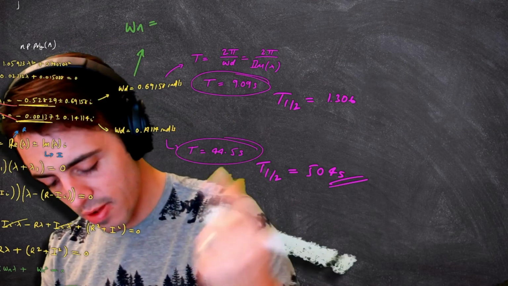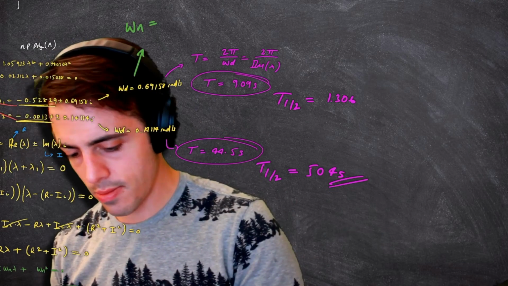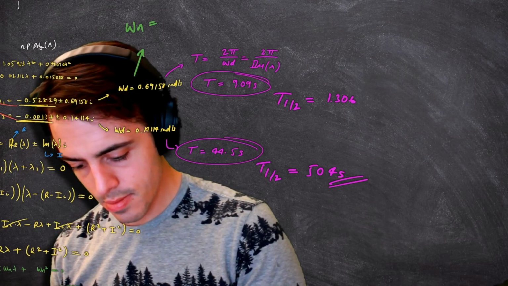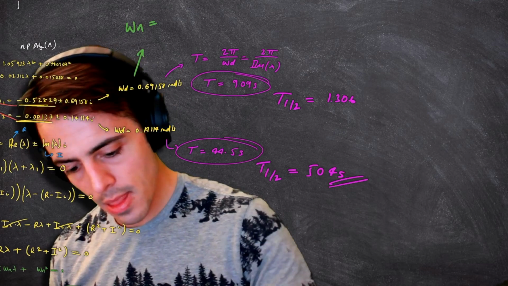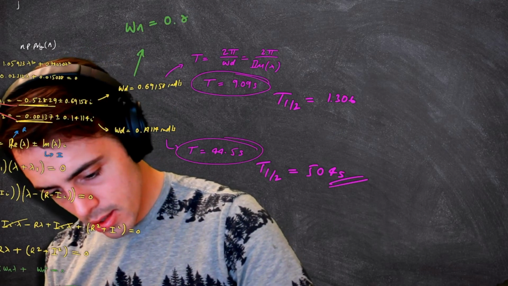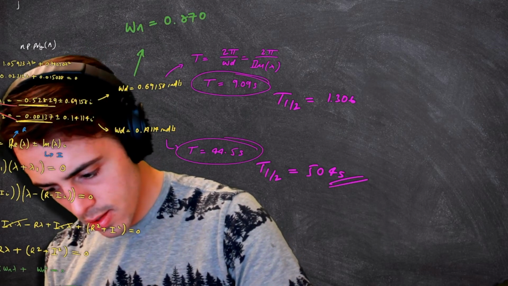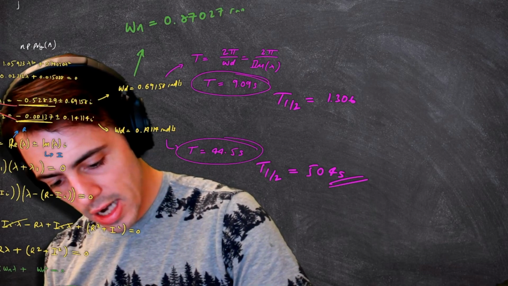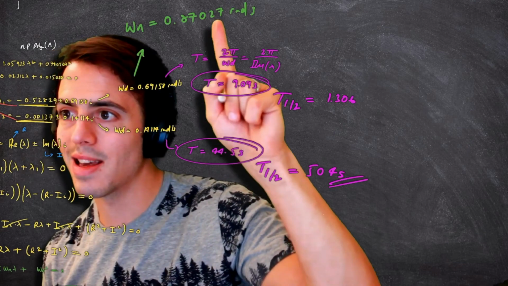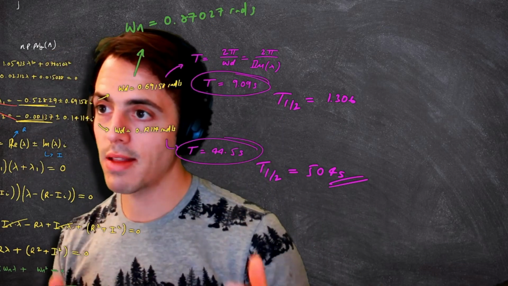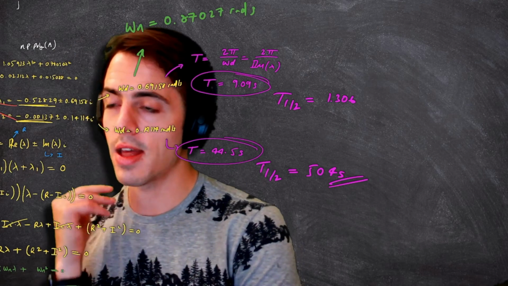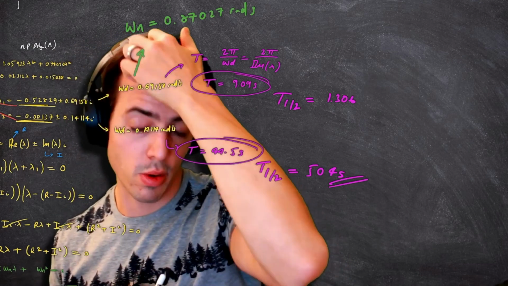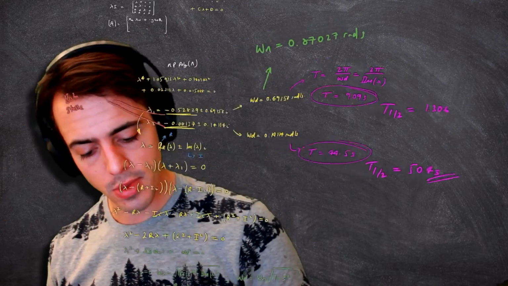So we can do it for this one here. 0.87027 radians per second, and as we expected, this number is bigger than this one, because once we add damping the system becomes slower. It's that term that gives us some removal of energy from the system, including removal of any speed with which it's vibrating.